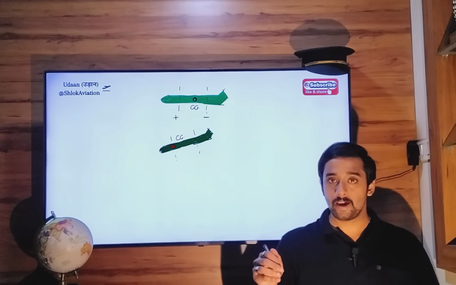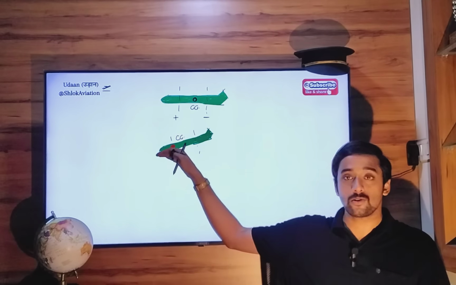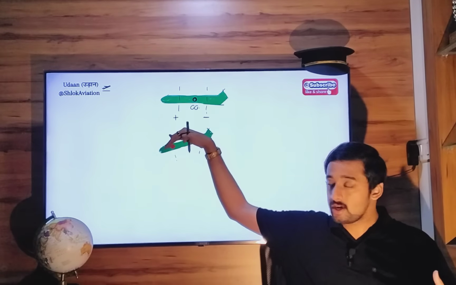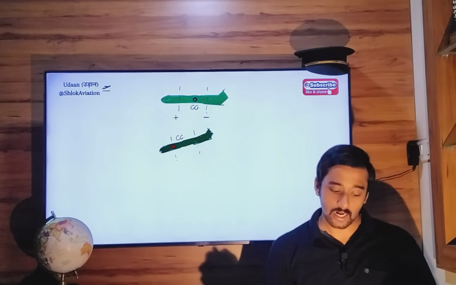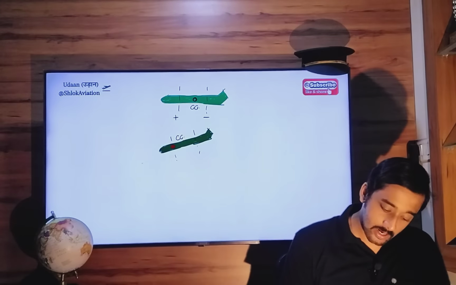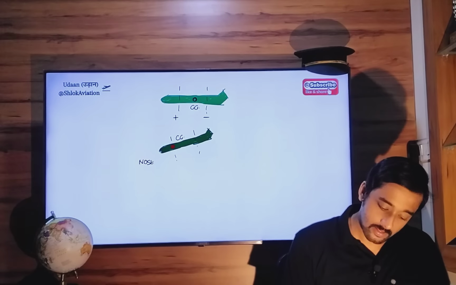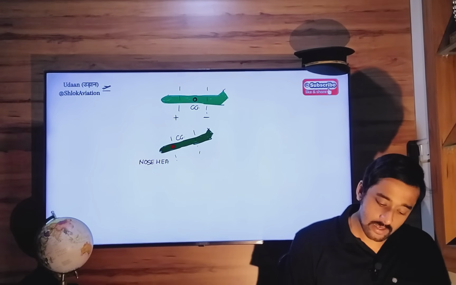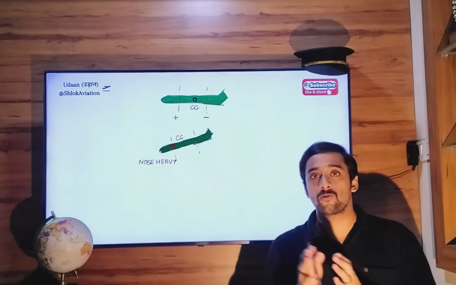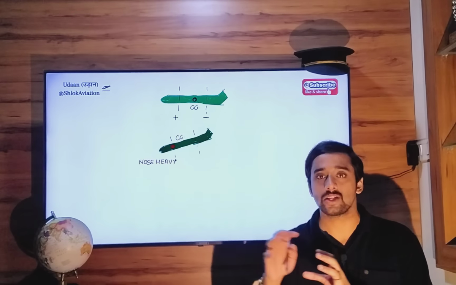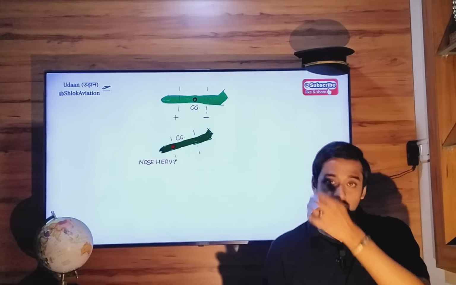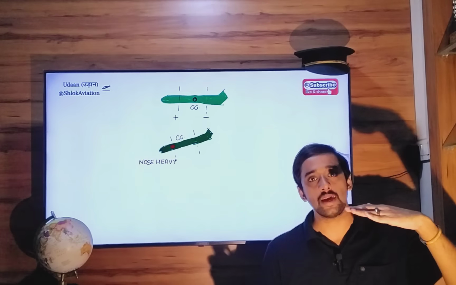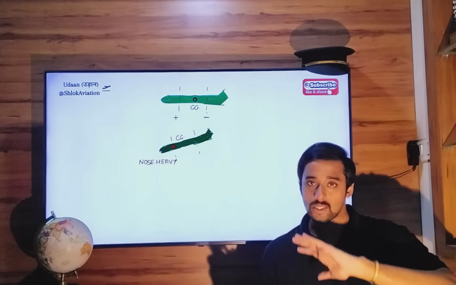So the nose of the aircraft, or the forward part of this fuselage, will become heavier and heavier, and it will start pitching down. Okay, so that means your aircraft will become nose heavy. Whenever the center of gravity is at its forward limit or in the forward range of the limit, your aircraft is considered stable, because the natural tendency of the aircraft should always be to fly downwards.